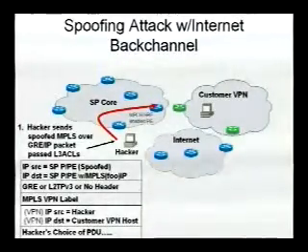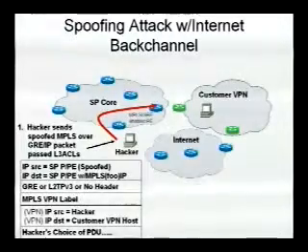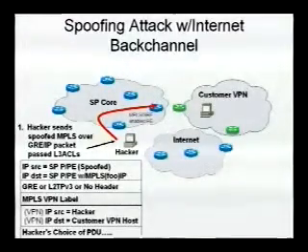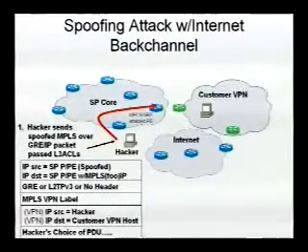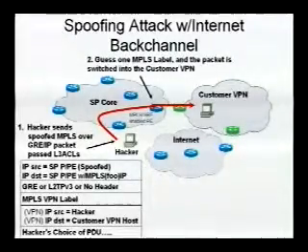So the hacker sends the packet, MPLS over IP, past layer 3 ACLs in the core. We assume he has the ability to insert packets into your core network. So if he can insert packets in your core network and hit that PE, and he can guess one MPLS label, the packet is switched into the customer VPN.